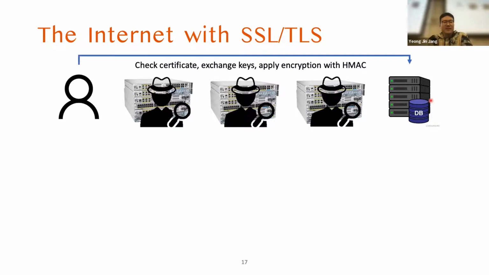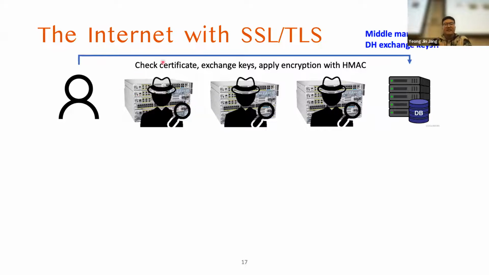Suppose we establish a secure communication channel by checking the certificate to verify that the other end is the correct server or not. Then we use the Diffie-Hellman exchange with a digital signature, so it is authenticated, which kills the man-in-the-middle attack. After sharing the secret, we use a symmetric cipher and HMAC, so nobody in the middle can know the content, and if anybody changes the content, we can detect it.